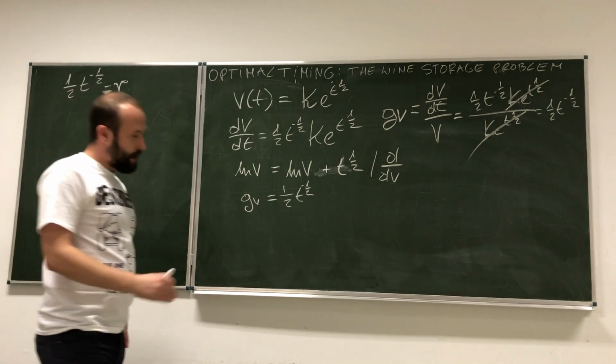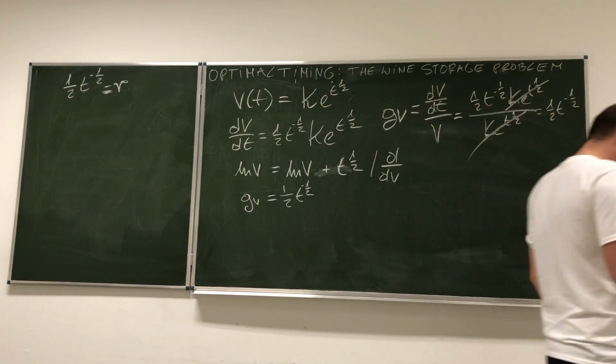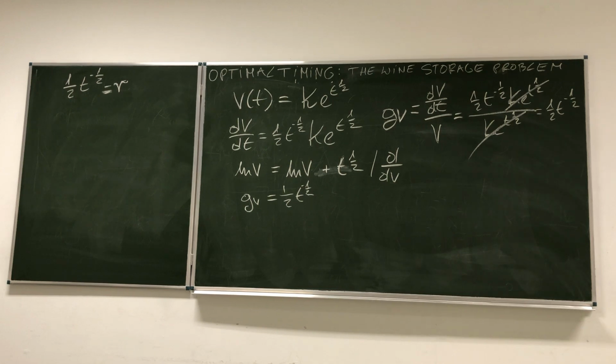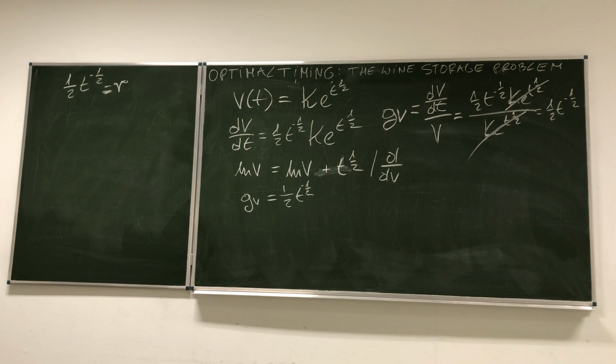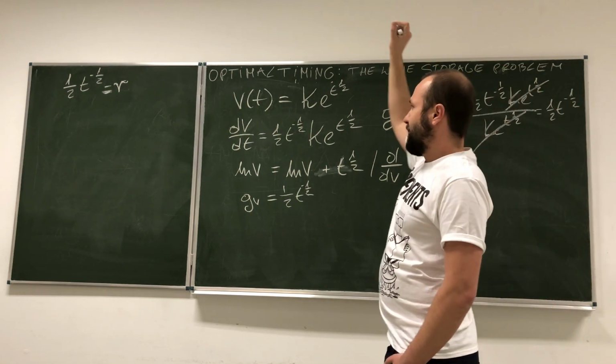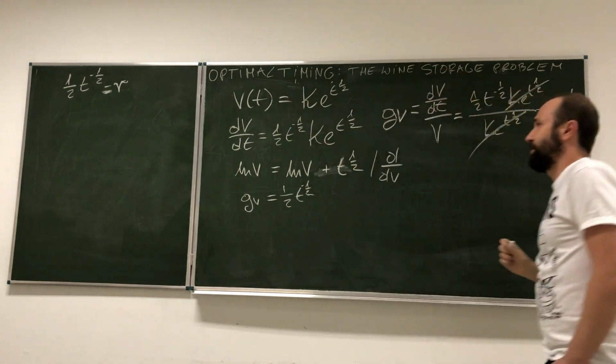Okay, so now we have established what this weird expression over there is. This is the growth rate of the value of wine, of the future value of wine. So look, in this case, what does this condition mean?